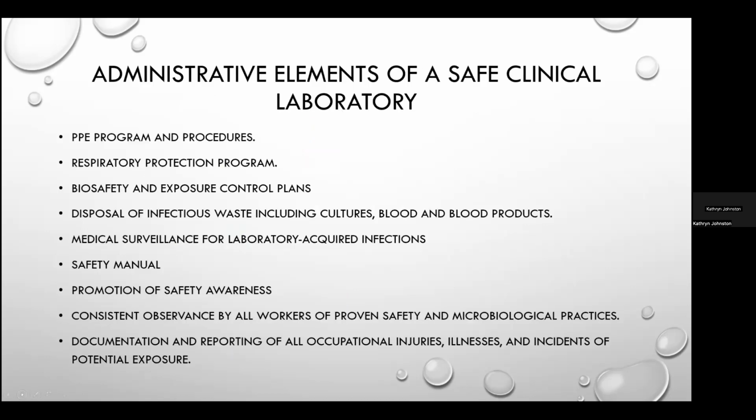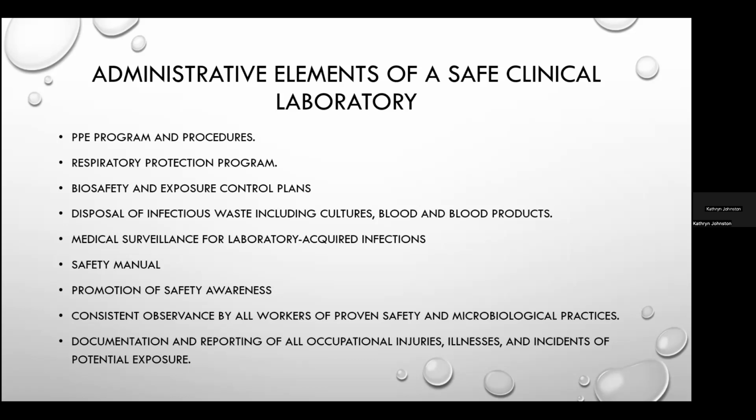So what are the administrative elements of a safe clinical laboratory? So personal protective equipment, programs and procedures. And as I stated earlier, you have to have adequate supplies of those proper PPEs, or it's pointless to have a PPE program and procedures on which PPE should be used, in which situations, who should be donning and doffing, when should they be donning and doffing.